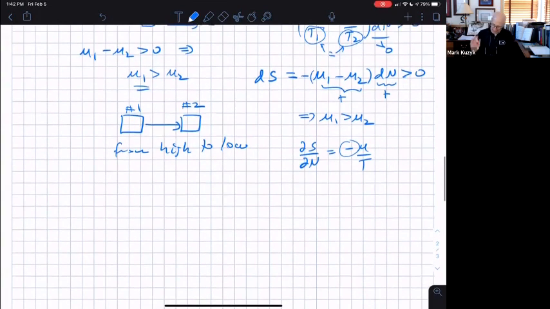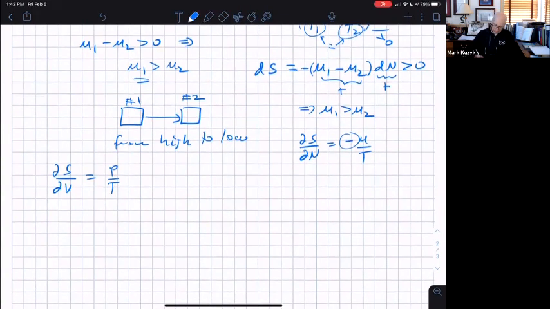Okay, and then finally, when I take partial S with respect to V, that gives me P over T. So let's look at that. If that's the case, and I have a 2-particle system, dS is going to be given by P1 minus P2 dV.